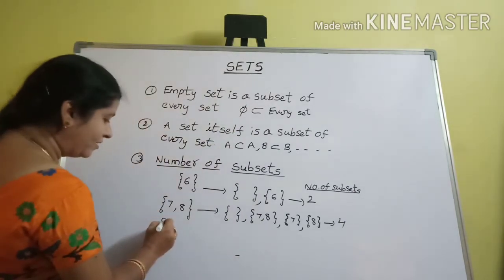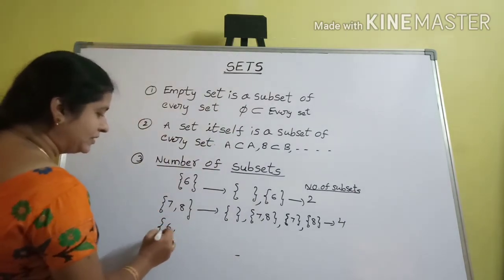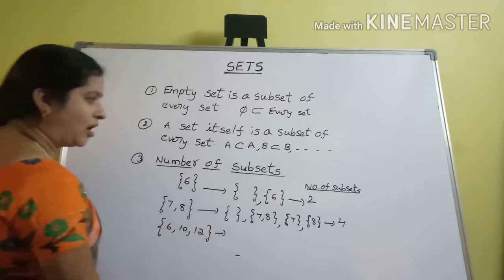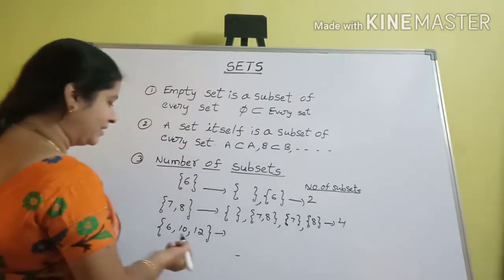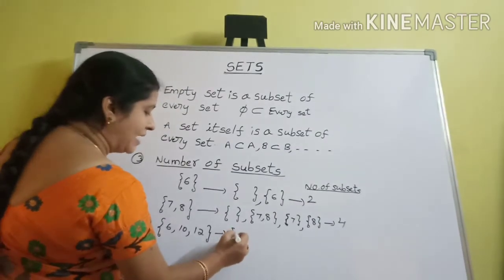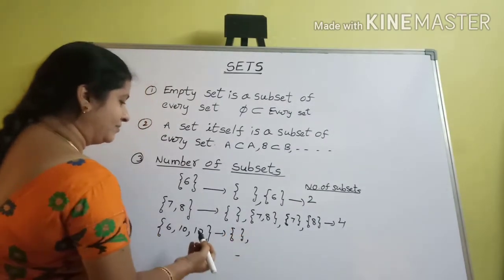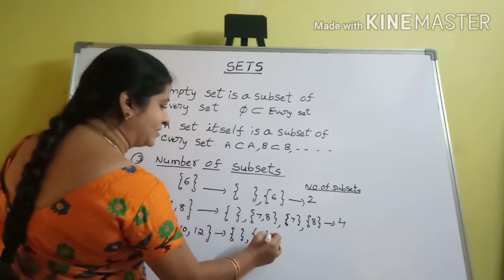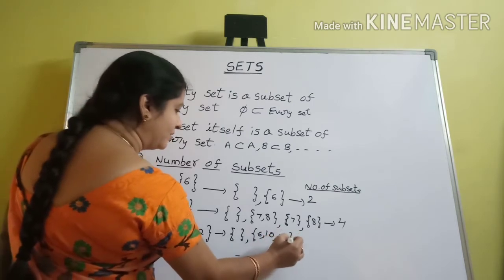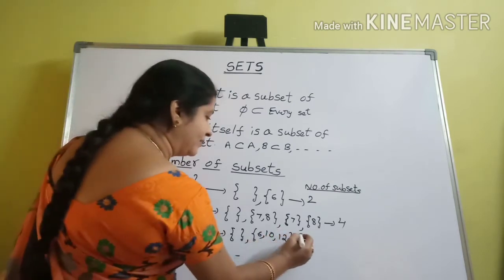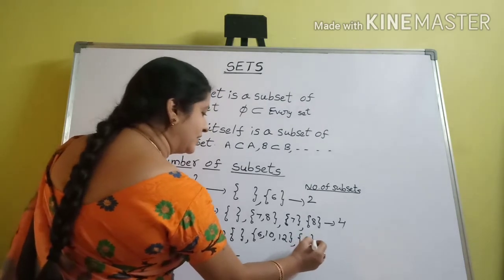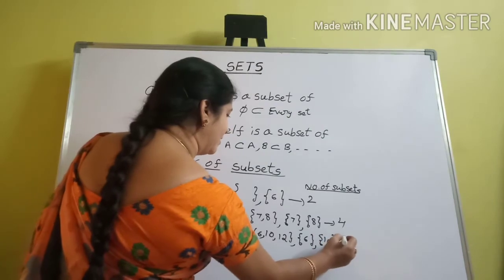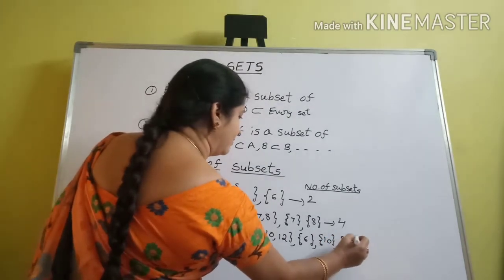So in this way, we take suppose 3 elements in a set. How many number of subsets we got? Let us see. First one, empty set is a subset of every set. Second one, the set itself means same set. Third one, first you have to write singleton sets. So single element set. Set of 6, set of 10, set of 12.